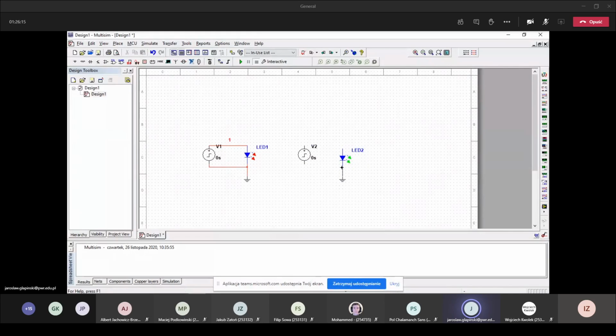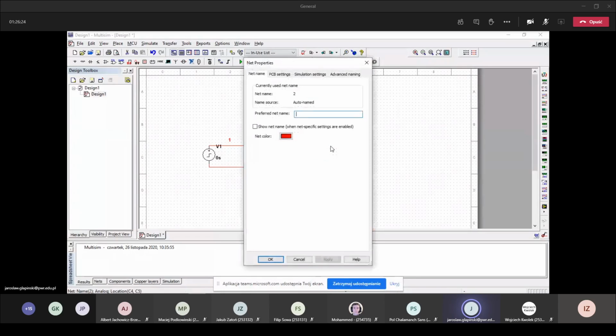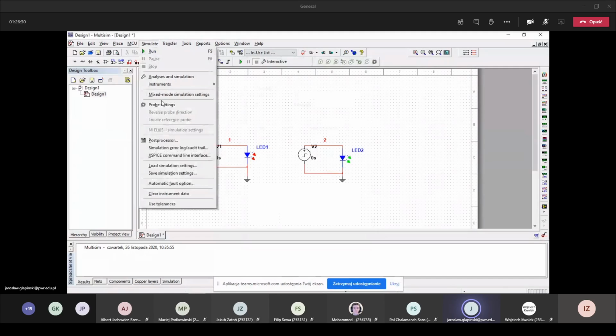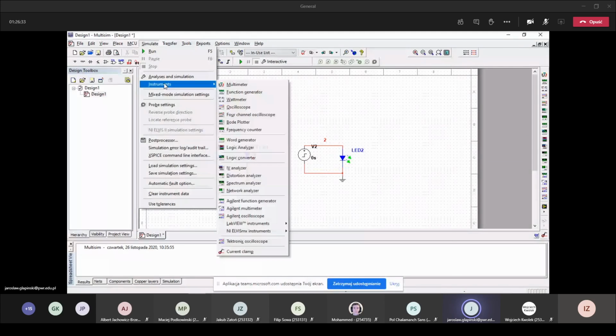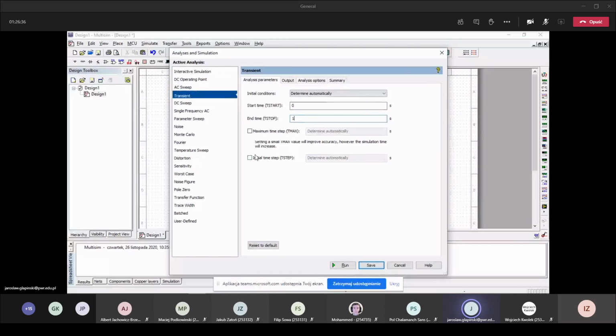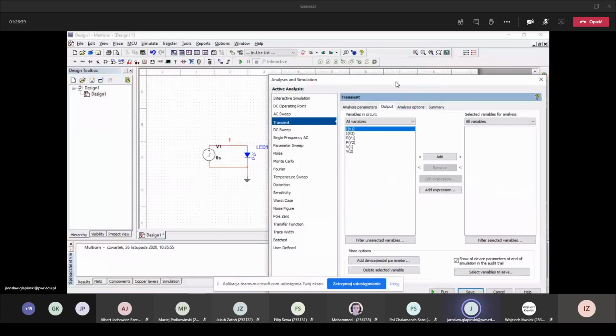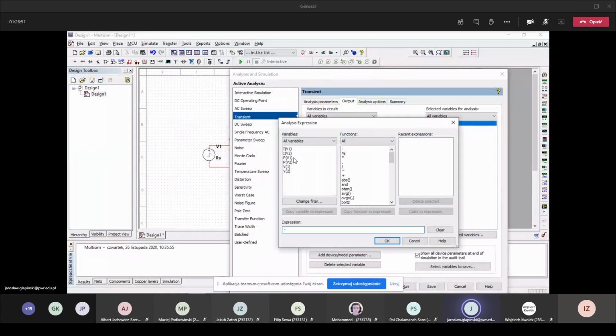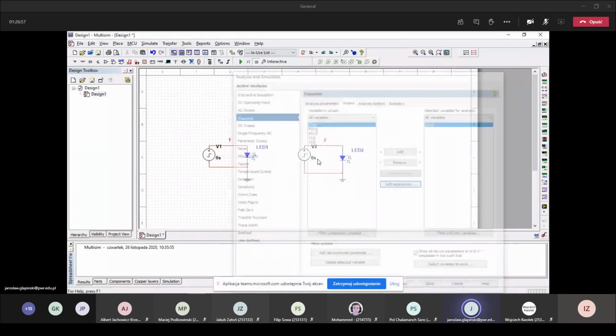So we will construct two circuits, one for the green one and one for the red one. Okay, I hope it will work. Let's make a simulation. We need the output, for example voltage. We need some current. Why don't we have current?